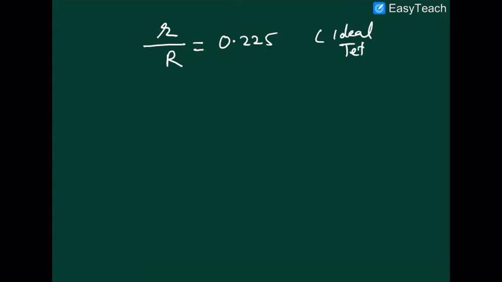So the ratio of the radius of the void to the radius of the sphere comes out to be 0.225 in the case of an ideal tetrahedral void.